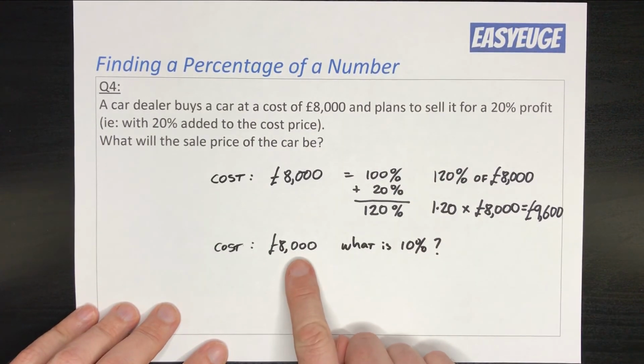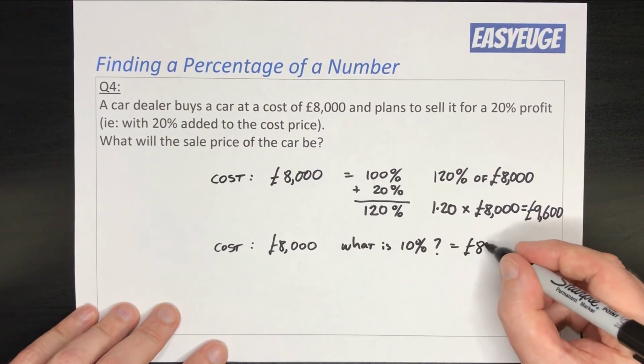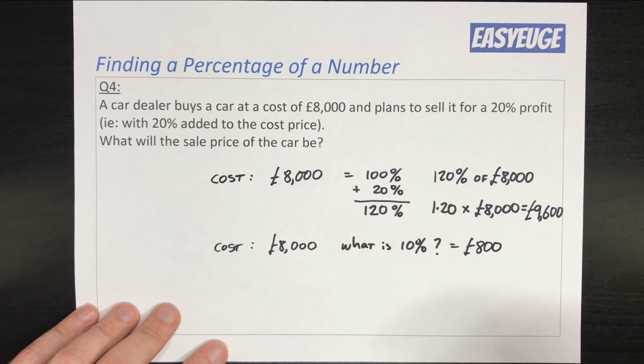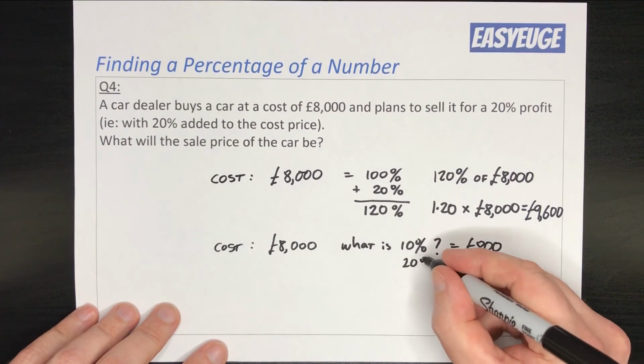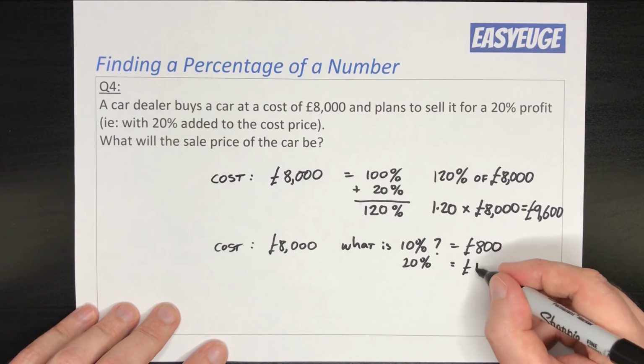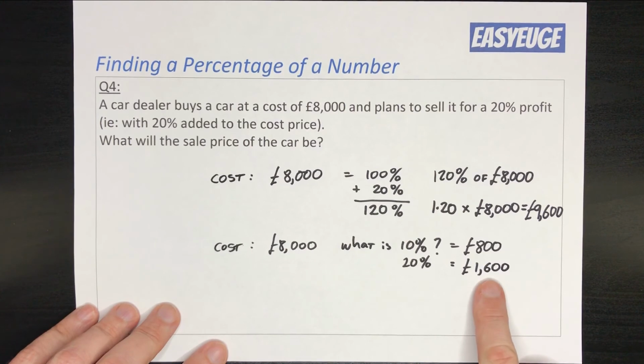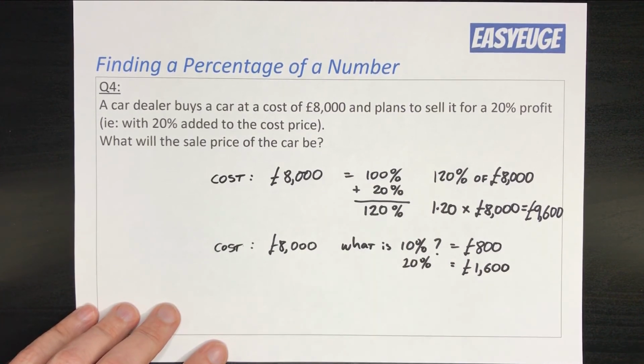So that would be 8,000 divided by 10. And that is 800. So 20% would be 2 of those 10%. So 20% would be 1,600. So that's what the 20% is, and you would simply add the 20% onto the cost price.